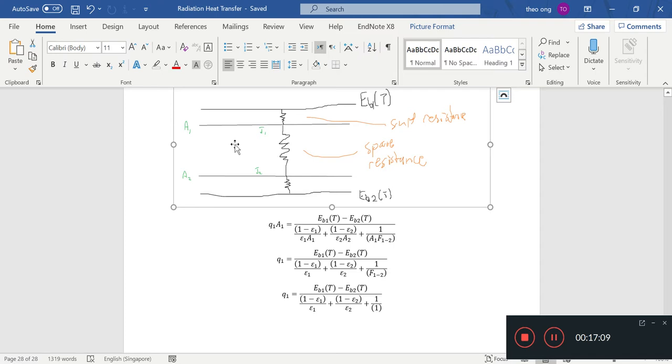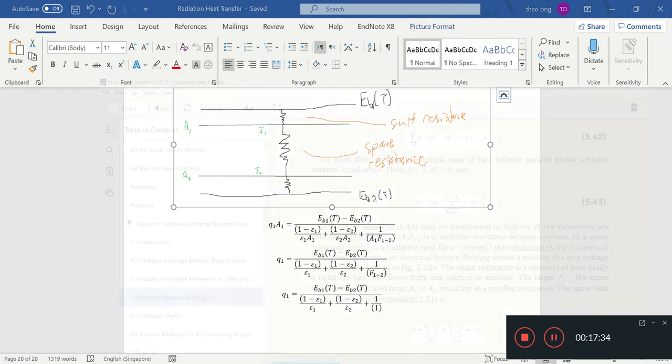Calculation is going to be pretty much next to impossible. But with this network analogy and with the inclusion of radiosity and cancelling out the radiosity, it becomes much easier to calculate the radiative heat flux between these two surfaces.